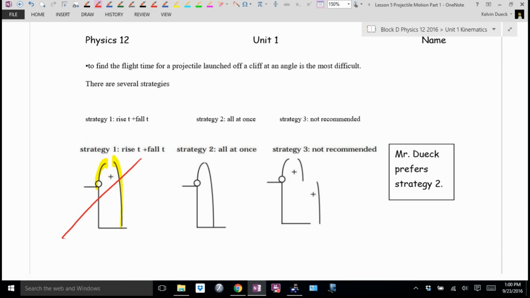Strategy 3. You could find time to top, Vy final is 0. Double it. Figure out how fast you're going right there, and then figure out how long it'll take to fall that distance, and then add all 3. Really not recommended, but doable.